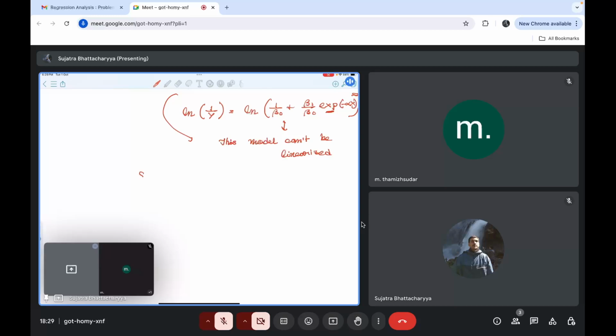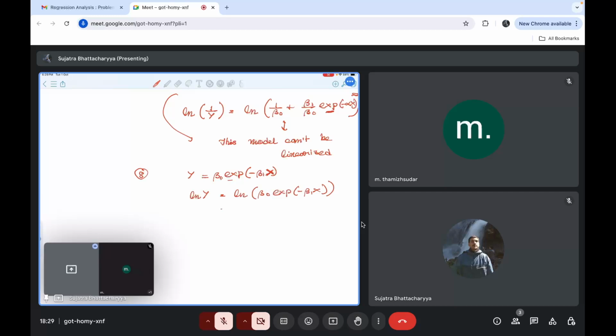So the eighth question. Suppose y is some exponential function, some beta naught into exponential of minus beta one x. Then how will you linearize this one? The simple thing is to take log y. That's all. So here we take log of beta naught times the exponential function of minus beta one x.